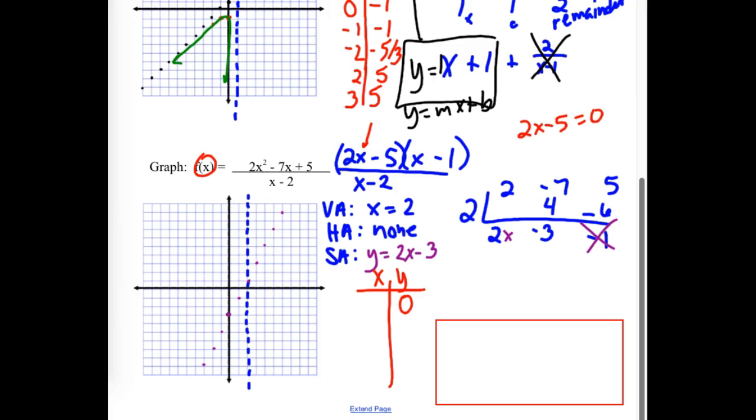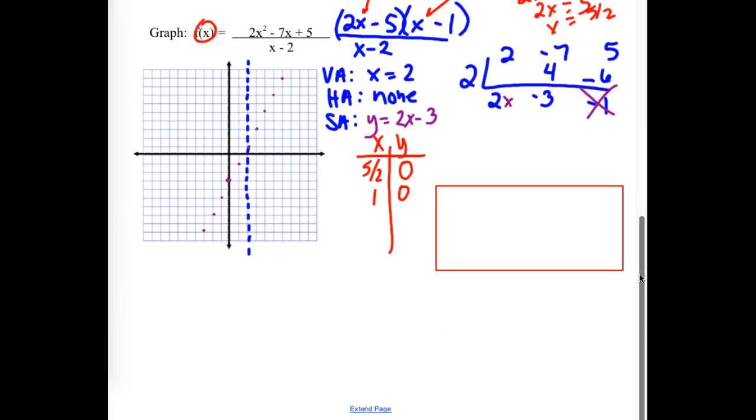When does it give me a 0? Add your 5 and divide, right? So 5 halves. But I have another one. When is this one going to make a 0? At 1. So I'm going to have 2 x-intercepts on this one. All right, so one at 1 and one at 2.5.